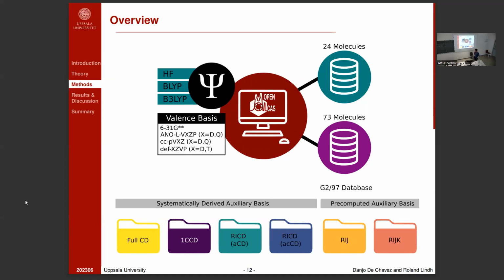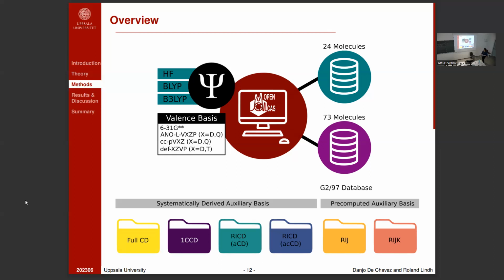So for the auxiliary basis sets, we have two types: systematically derived and pre-computed auxiliary basis sets. The first is composed of the full Cholesky decomposition and the one-center Cholesky decomposition. For RICD, we do atomic CD and atomic compact CD.